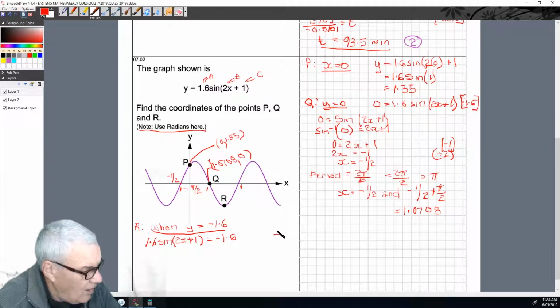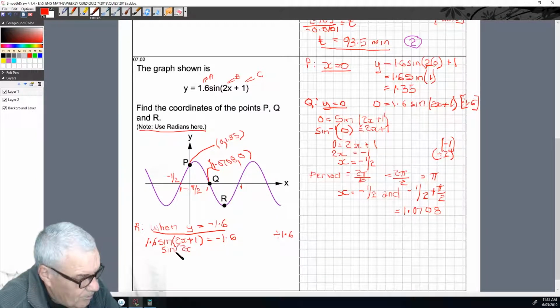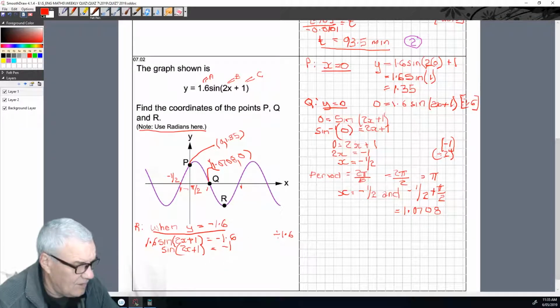And if we divide through by 1.6, we get sine 2x plus 1 equals negative 1.